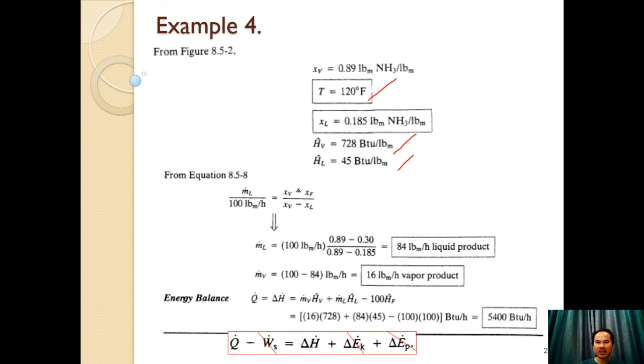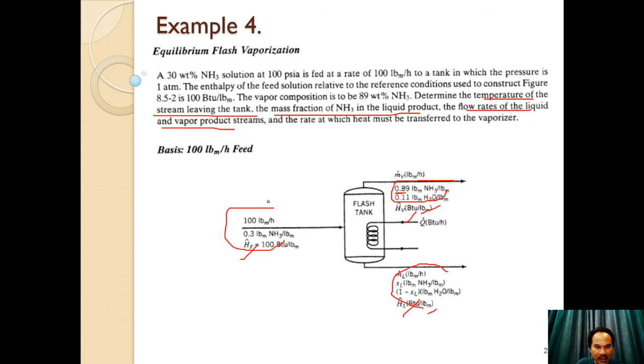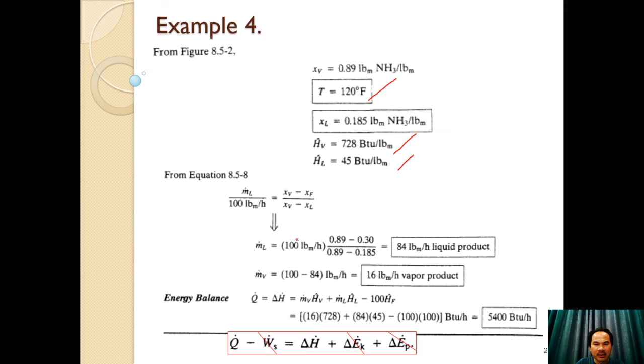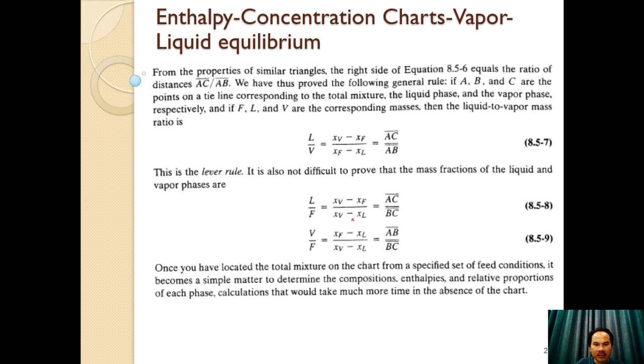Now you can find them from the balance. That's right. ML divided by MF. Sorry, this is MF. You can recall for this, LF, VF, something like this. This is for liquid. That's right, LF, you use like this.